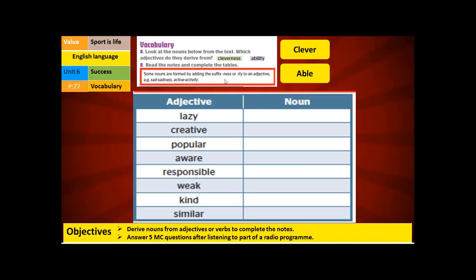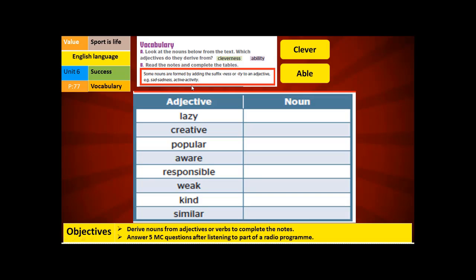Now please read the note before we try to complete the following table, in which we have a set of adjectives which we want to use to form the noun. The note is the following. Some nouns are formed by adding the suffix NESS or ITY to an adjective.